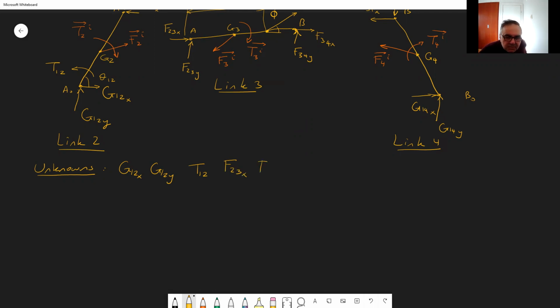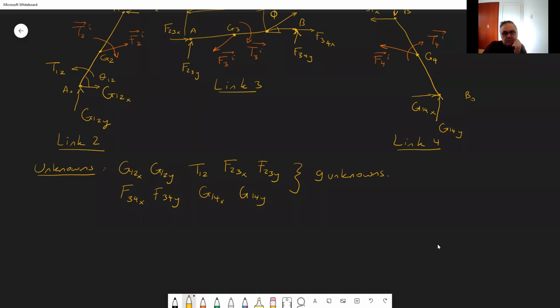F23x, y is an unknown. F24x, y. These are two unknowns. T14x, T14y. So in total, we have 9 unknowns, which means that we need 9 equations, and that is exactly what we will have.